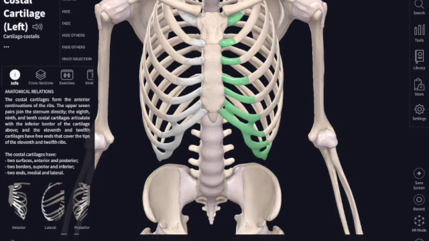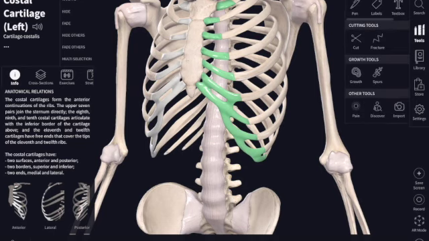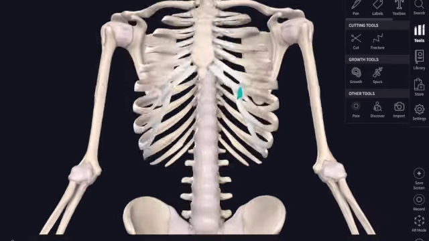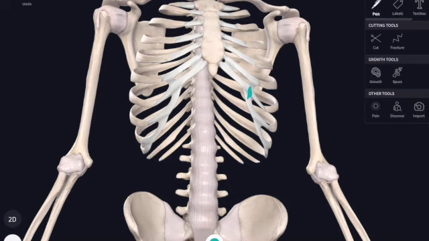False ribs are connected through this junction here. And then floating ribs are the ones that do not have any cartilage connecting to the sternum. So that would be down here.